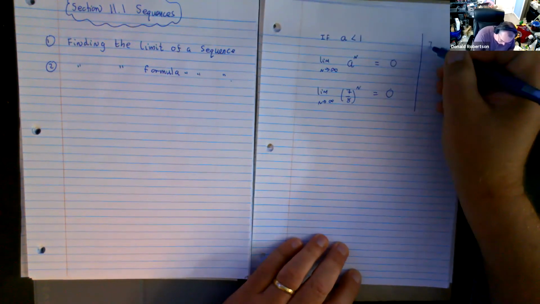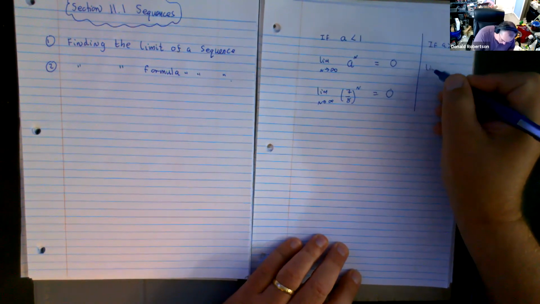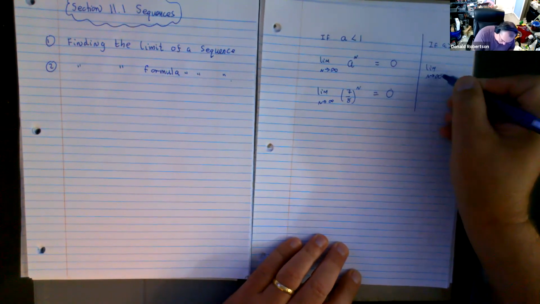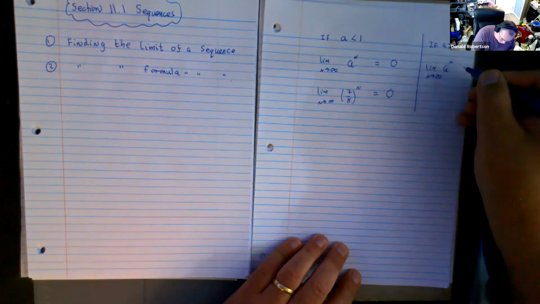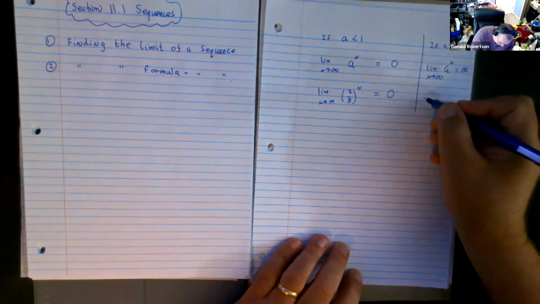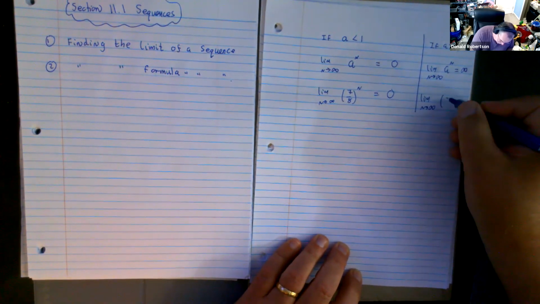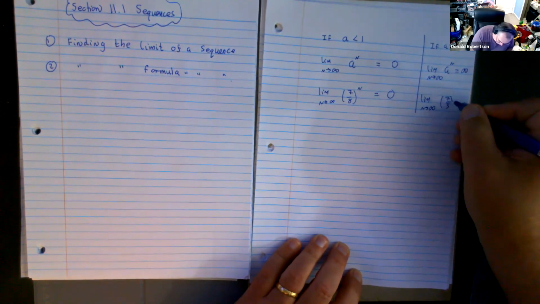On the other hand, if a is greater than 1, then the limit as n tends to infinity of a to the n will be infinity. An example of that would be the limit as n tends to infinity of 7/3, that's about 2 1/3, to the n.